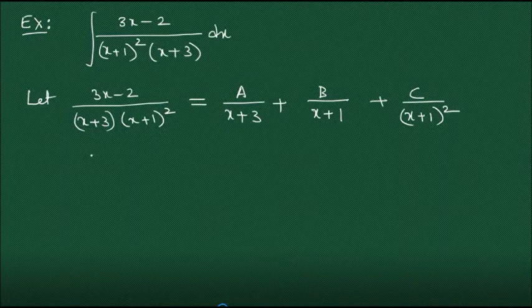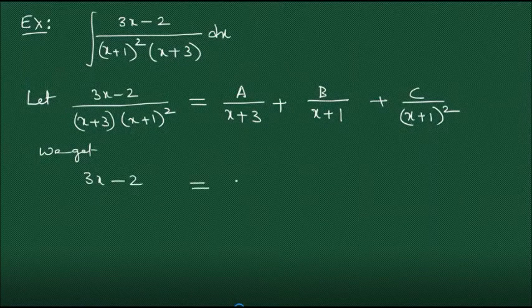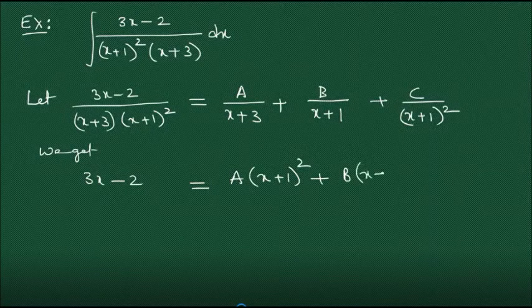Taking LCM and cancelling the denominators on both sides, we get 3x minus 2 is equal to a times (x plus 1) whole square plus b times (x plus 3) into (x plus 1) plus c times (x plus 3).